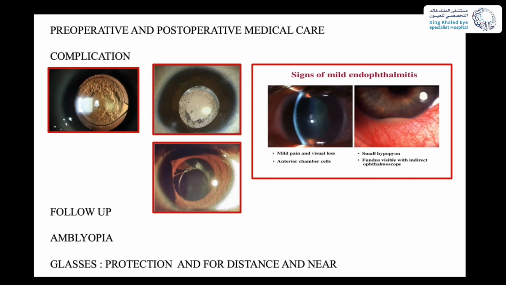Complications of congenital cataract: the posterior capsular opacification, which is common. This is a chart. You can see after he had laser done. Endophthalmitis is the disastrous complication that you don't want to see after congenital cataract surgery. We encountered one case presented to Kekish a few months ago, done outside, which is very sad.